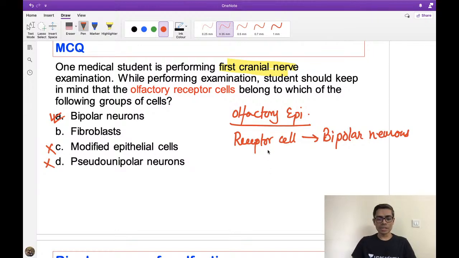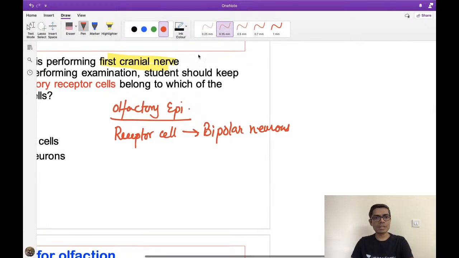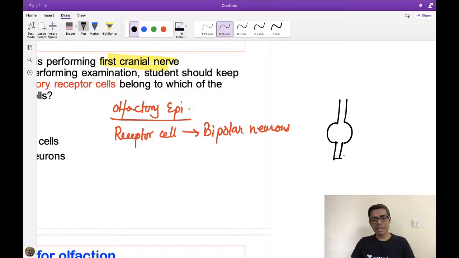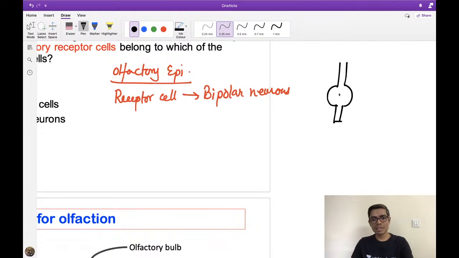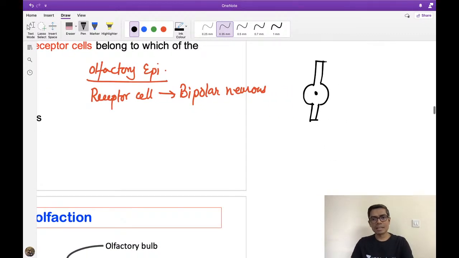So this bipolar neuron, how are they arranged? If I look at a single bipolar cell, this is the typical diagram of a bipolar neuron. This is the cell body, and this is the axon part of it, and this is the dendrite. This dendrite contains cilia.